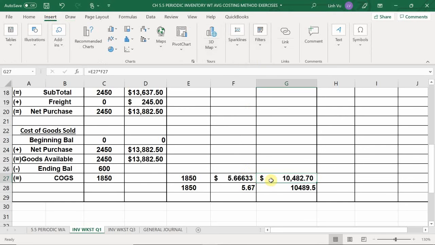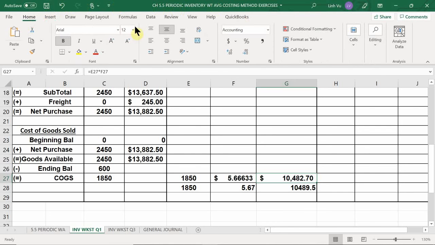Now, if I take a look at this and extend it out, can I ever cost an item at 0.408 cents?